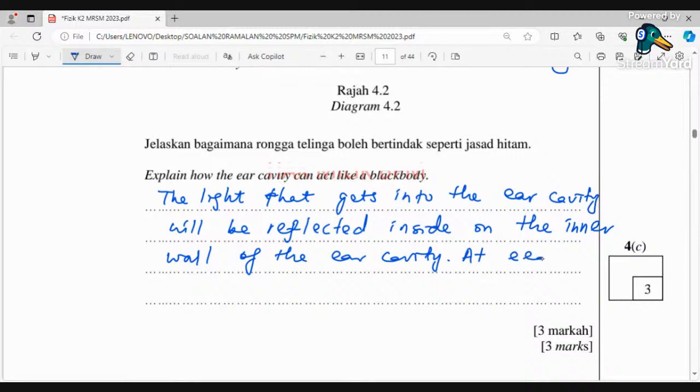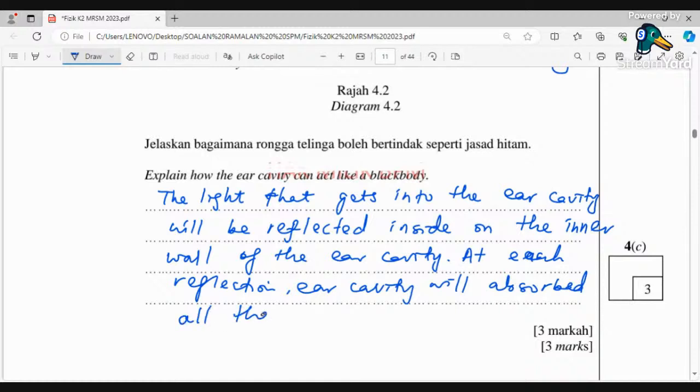Okay. At each reflection, ear cavity will absorb all the reflected light. Until all lights are absorbed.